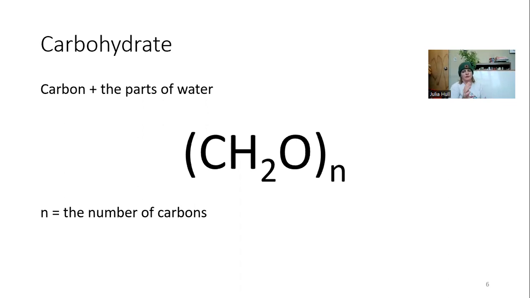So we can use this formula: if I told you this sugar molecule has 6 carbons, you could say that means there are 12 hydrogens and 6 oxygens as well. You just distribute this n value to everything inside those parentheses.